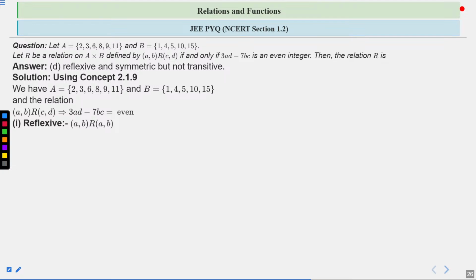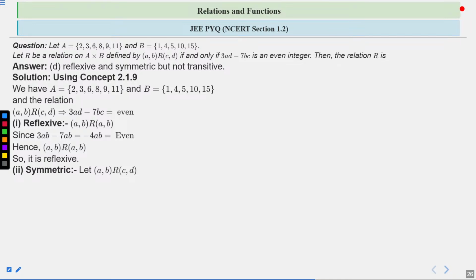For reflexive, (a,b) must be related to itself, that is (a,b). So 3ab minus 7ab, which is equal to minus 4ab, and minus 4ab is even itself, right? Hence (a,b) is related to (a,b) itself. So it is reflexive.